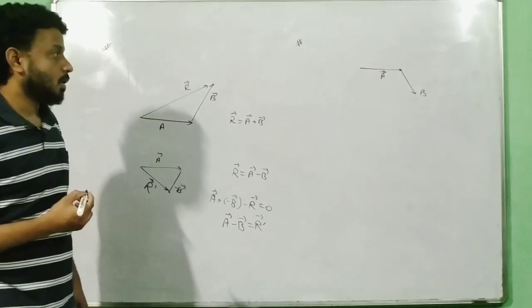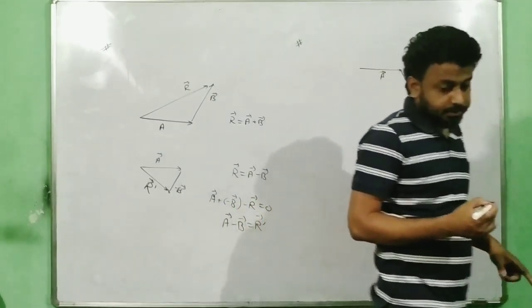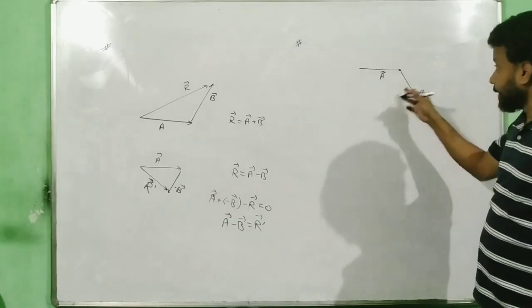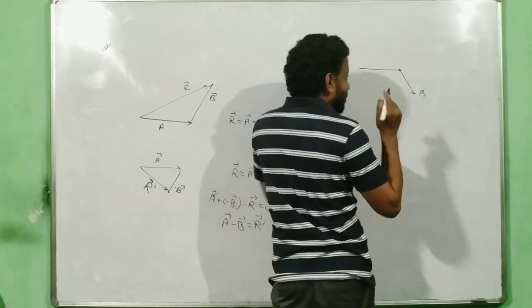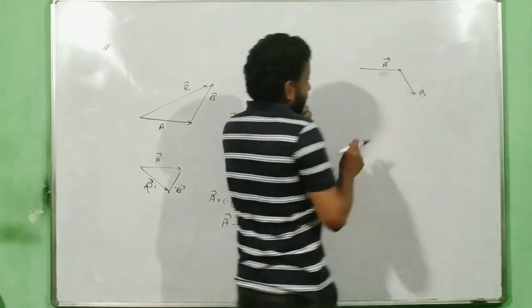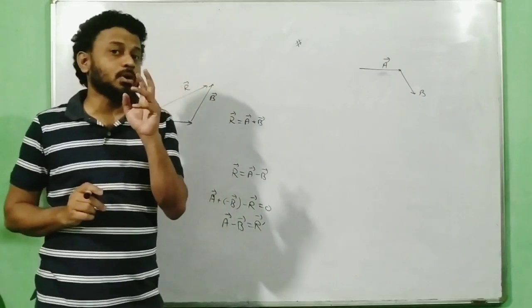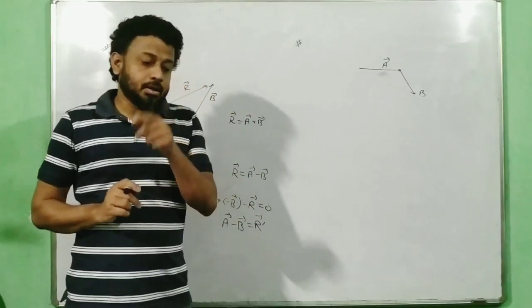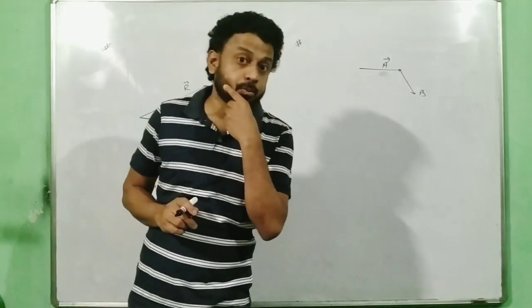Now, if you can see here, if there are two vectors, in this particular case, the resultant vector, this is important to understand. If I ask you what is the angle between A and B, and I give you the options acute, obtuse, right angle, trust me, what you will write is that the angle between A and B is obtuse.